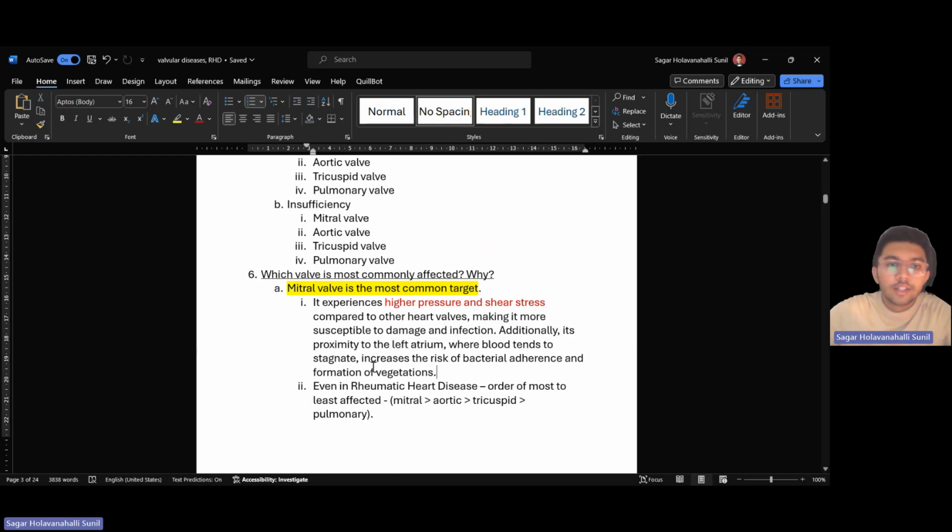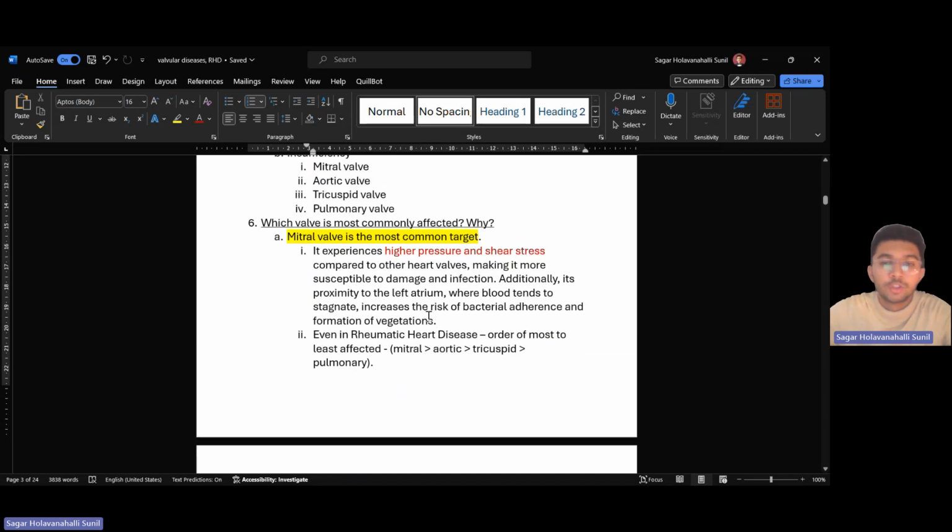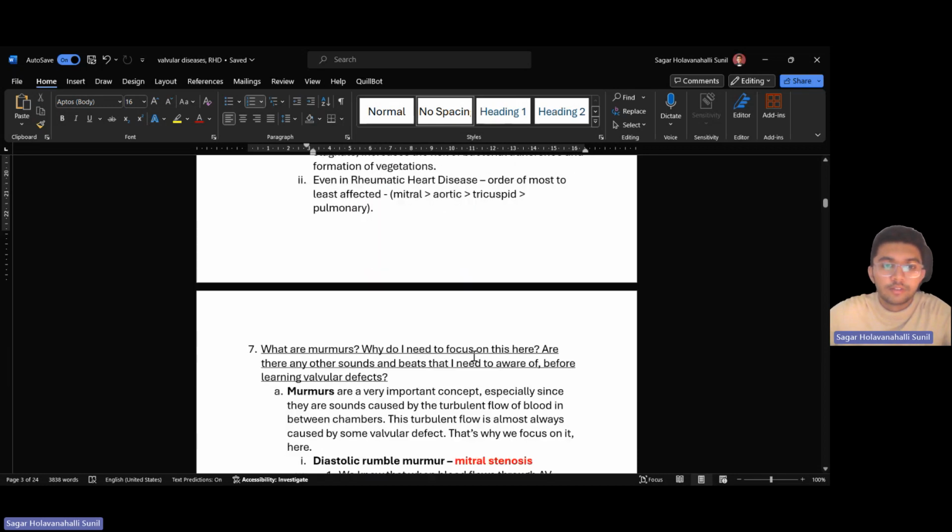All of these things can lead to degeneration of the mitral valve much sooner compared to the other valves. So even in rheumatic heart disease, the order of most to least affected is mitral, then comes aortic, which is the second valve facing the most stress, then tricuspid and pulmonary valves.